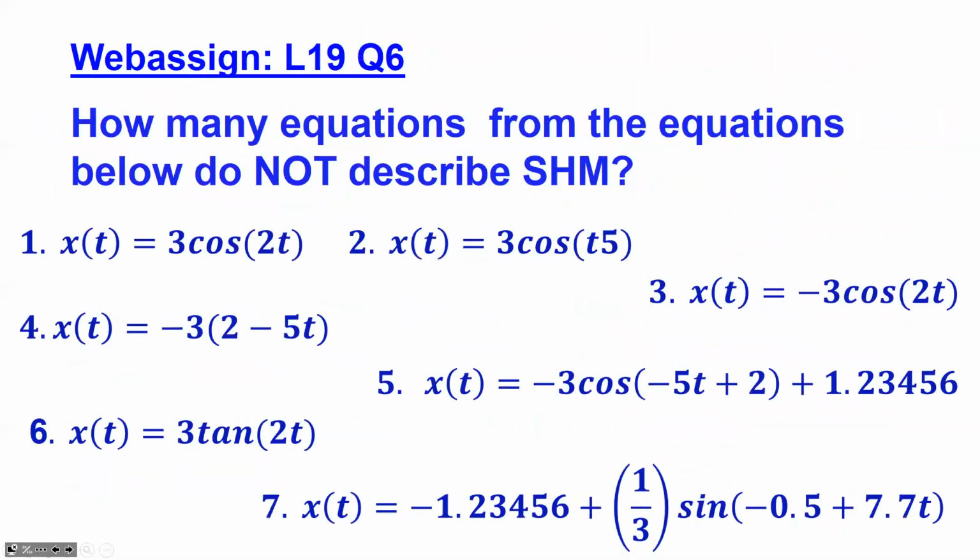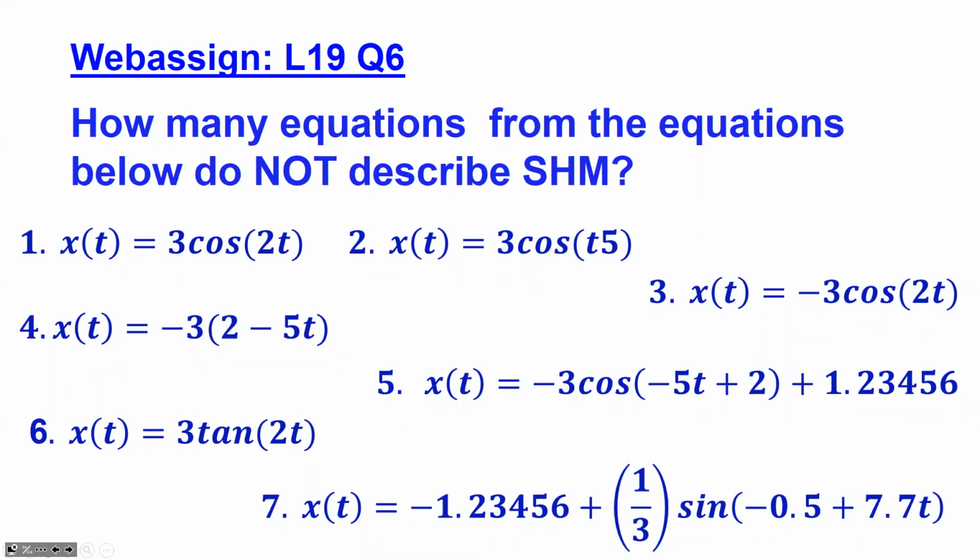Question: how many equations from this list do not describe simple harmonic motion? I'm not asking you which equations, yet. I'm asking you how many. So your answer should be from 0 to 7. If all these equations describe simple harmonic motion, your answer is 0.